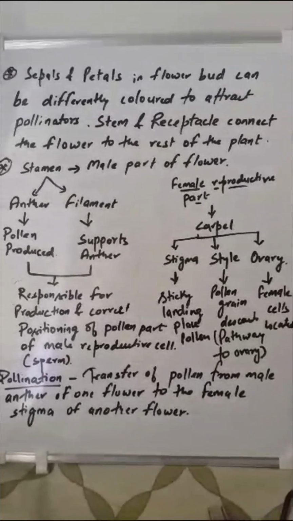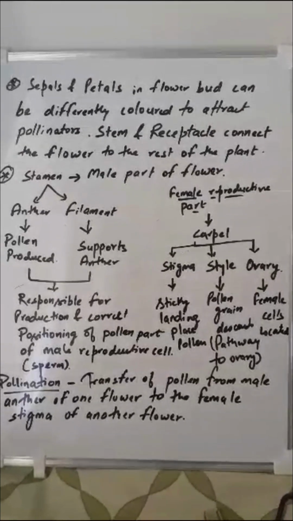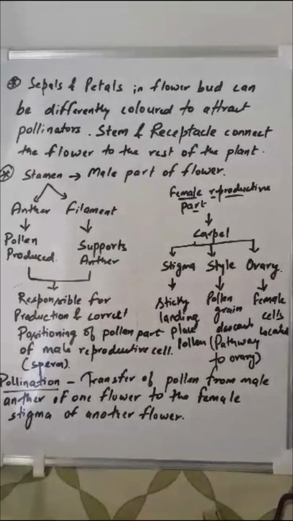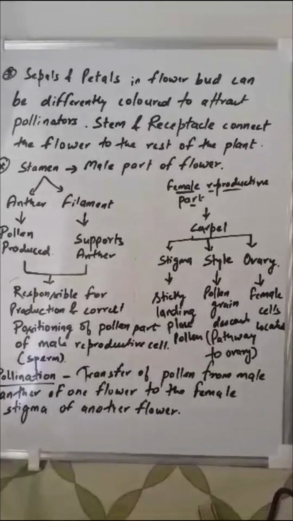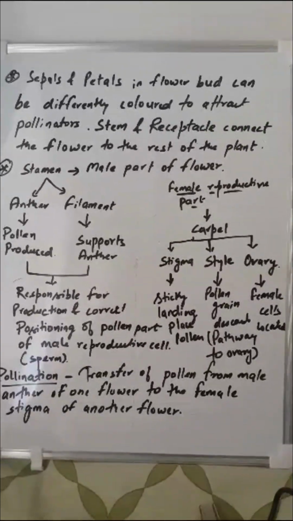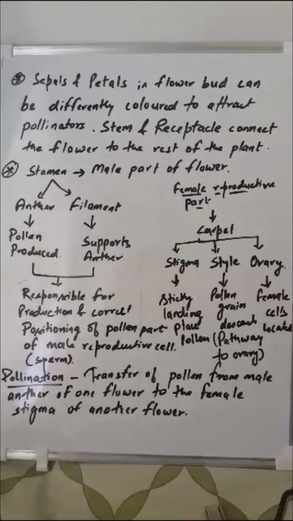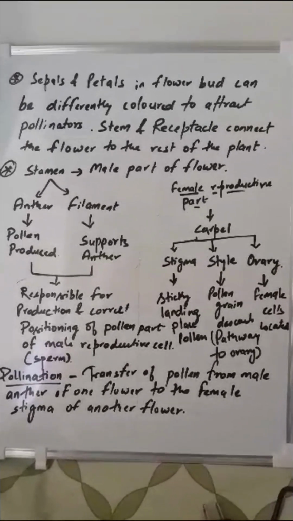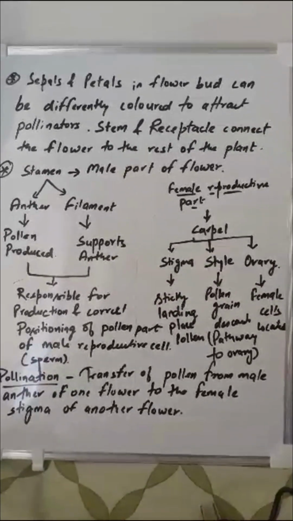For example, if you see an airport, it has a place for the landing of flights. It is the same: the stigma is the landing place of pollen. Whenever pollination occurs, this is the first place where the pollen gets stuck.